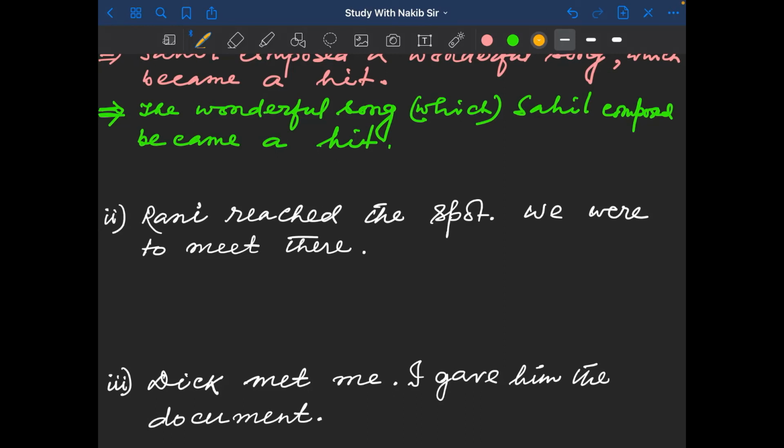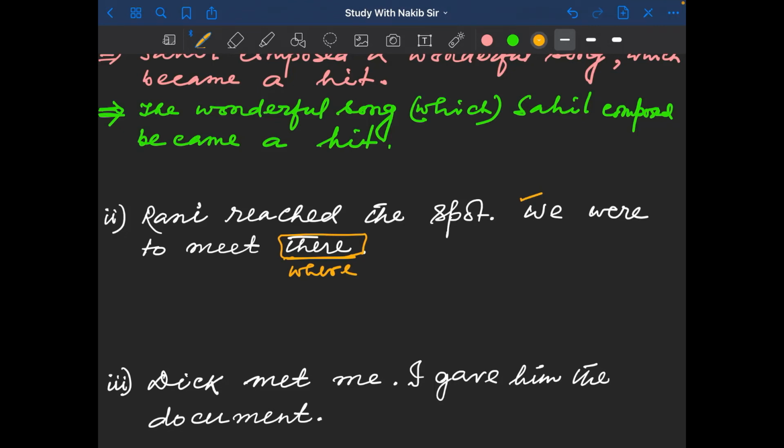Check the nature of the sentences. See the second sentence. We were to meet there. There means at this. I told you in my previous videos that when you get this type of sentences where there is a there somewhere like this, use in place of there where, and use that where at the beginning of the sentence, and it will be a clause.